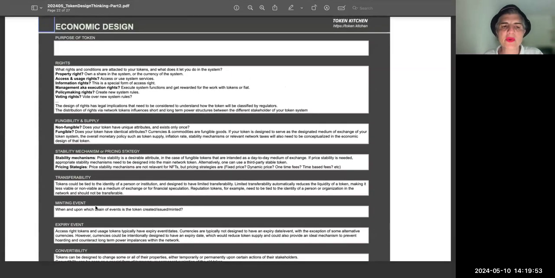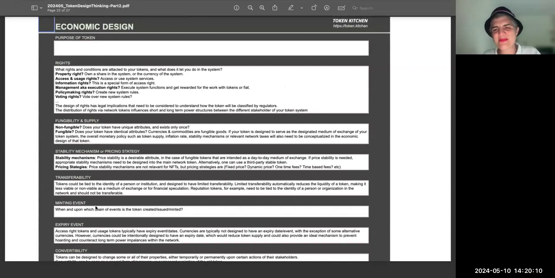Okay, another important question is, when is the token minted and does the token expire? Upon which event is the token minted? Are the tokens created because somebody is buying an NFT with fiat currency, right?